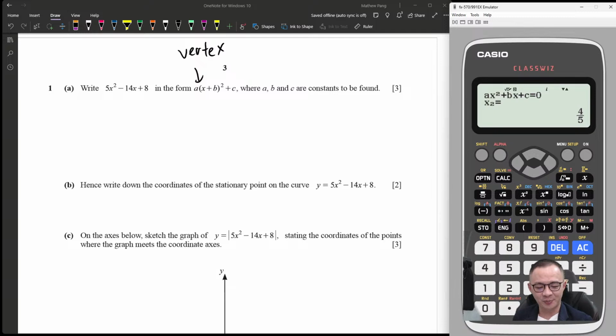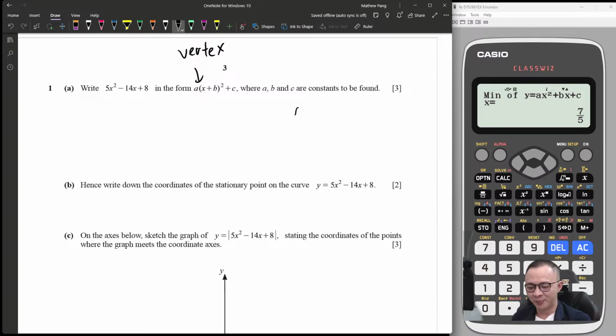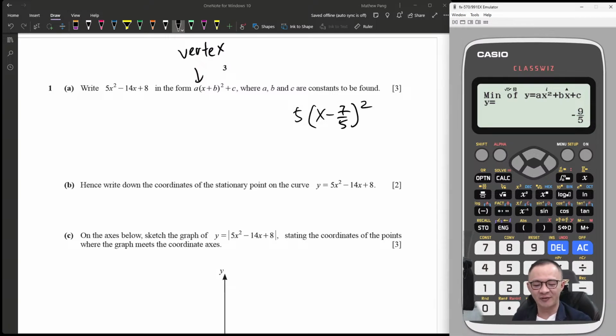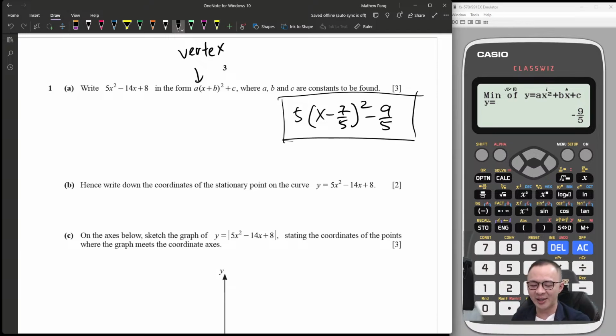You realize when you press equal the third time, it tells you the minimum x value. So if I take out the 5 here, my minimum x value is 7/5, so this is minus 7/5 squared. Then it tells me the minimum y value, so outside is negative 9/5. So I already know my equation before I even start trying to do this.